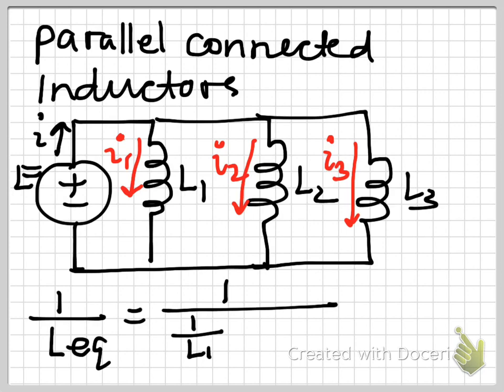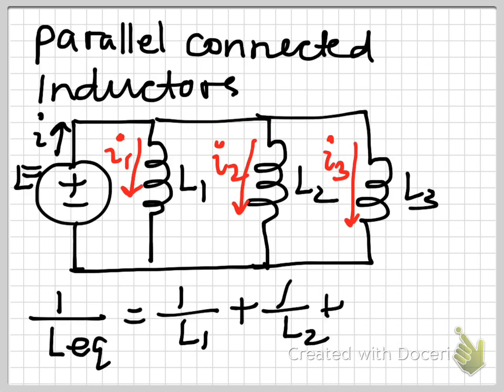So 1 over L equivalent is 1 over L1 plus 1 over L2 plus 1 over L3, and it's true for any number of inductors, not limited to 3 only.